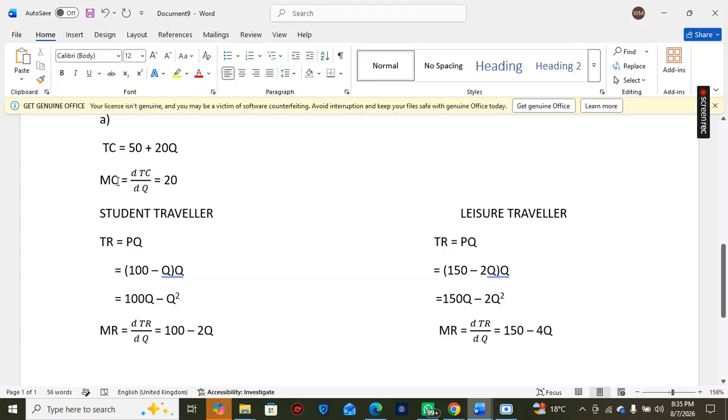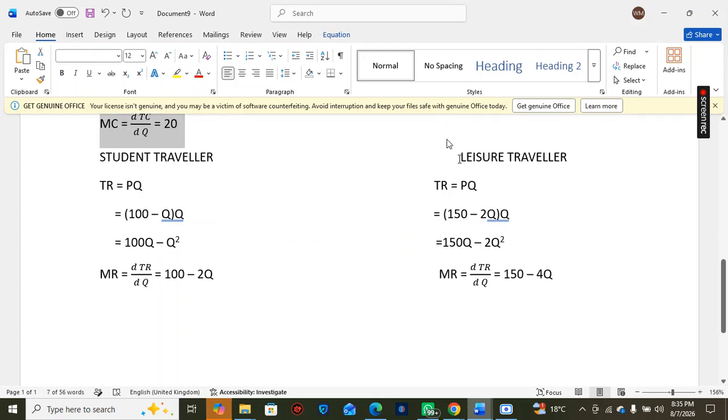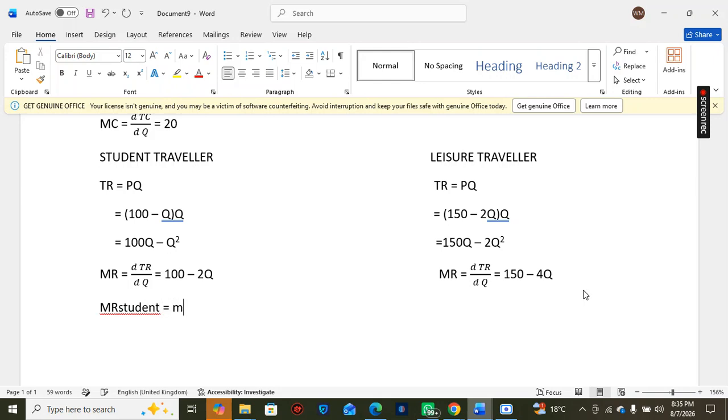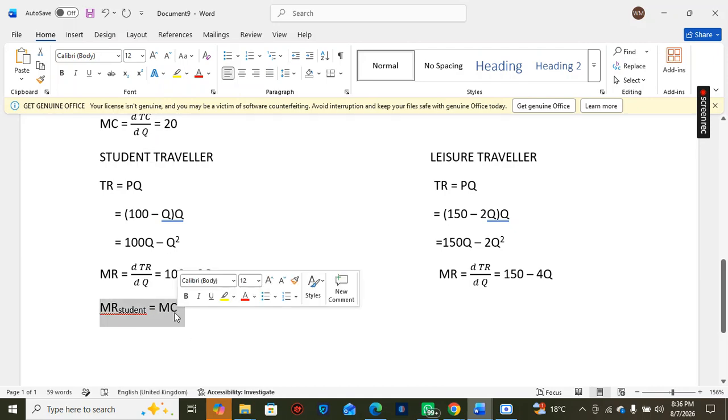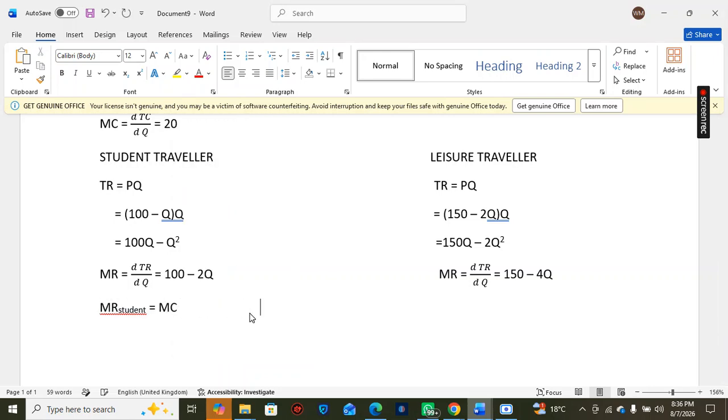Since we've now got the marginal cost and the marginal revenues, we can find the prices that the student traveler and the leisure traveler have to pay. Here we say marginal revenue for the student traveler equals marginal cost, and here marginal revenue of the leisure traveler equals marginal cost.